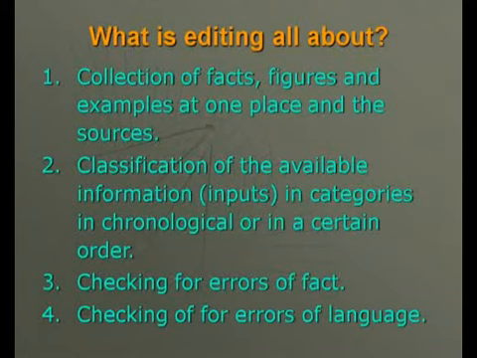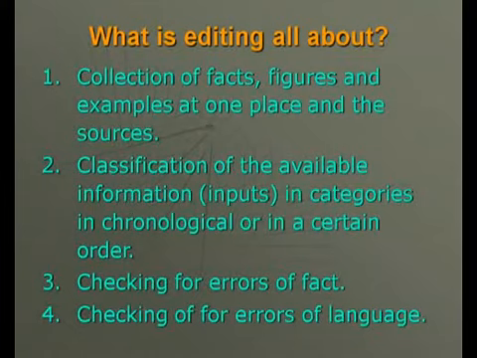As a process, editing involves the following steps. Number 1, collection of facts, figures and examples at one place and their sources. Number 2, classification of the available inputs in categories in chronological order or in a certain order. It is true for news because news can fall in different categories, and for other kinds of non-news writing, this categorization may be different.